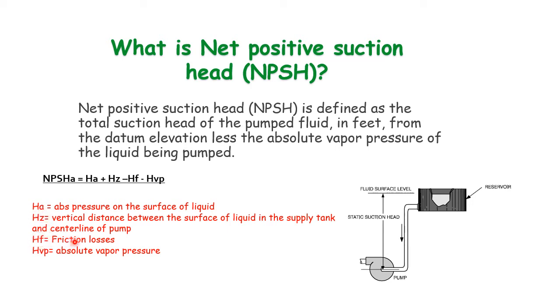Then HF, since there will be friction losses within the piping network, is called the friction losses. And HVP is the absolute vapor pressure, which is taken as minus from the overall static head gain. Then we come up with the net positive suction head.